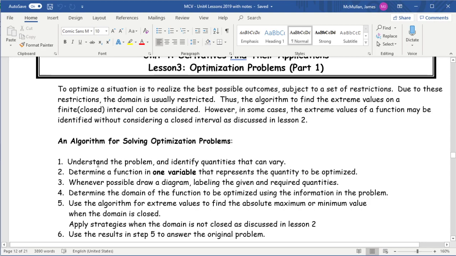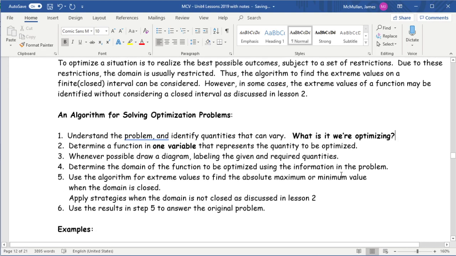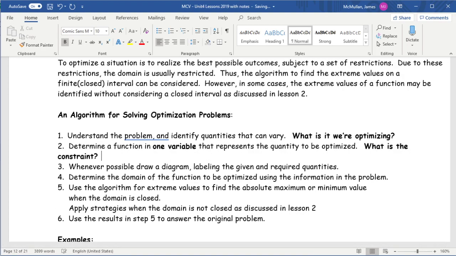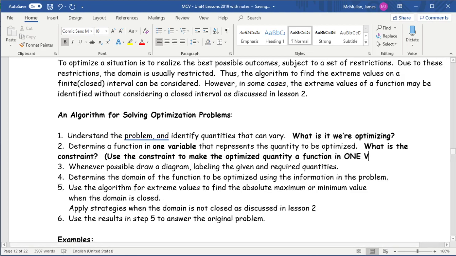So, what is it we're trying to do here? Number one, what is it we're optimizing? What are we trying to optimize? So that's a good first question to ask. The second thing you need to ask is, what is the constraint? And then you need to use the constraint to make the optimized quantity a function in one variable.